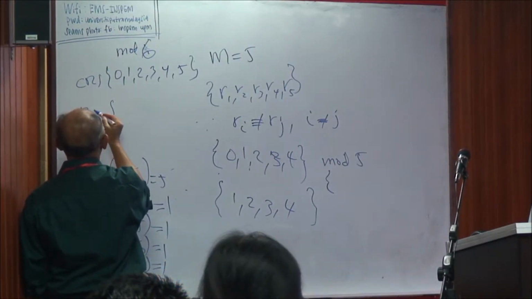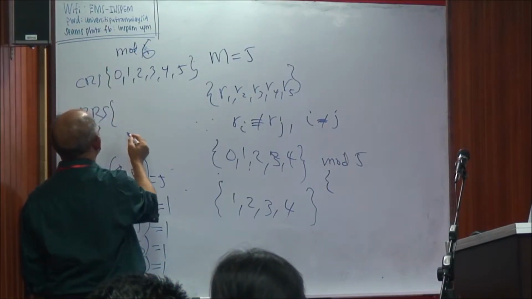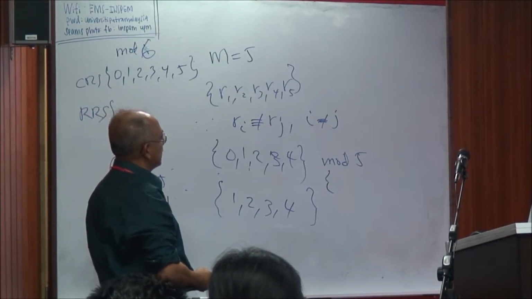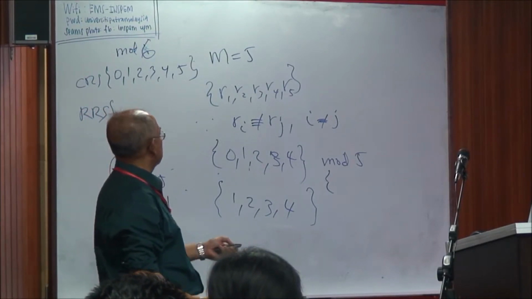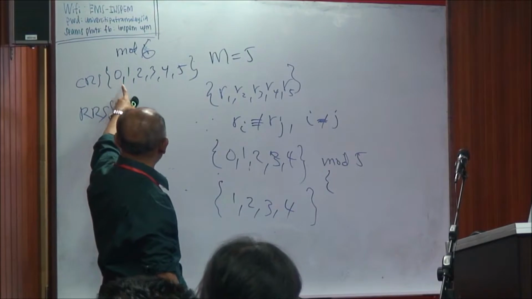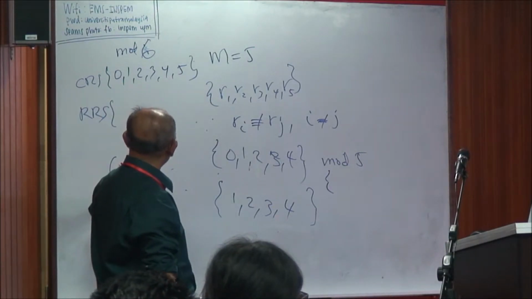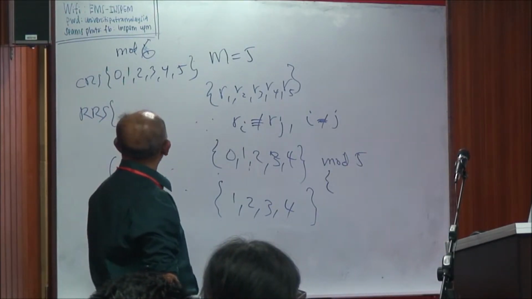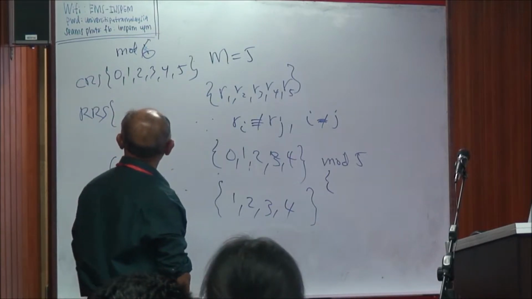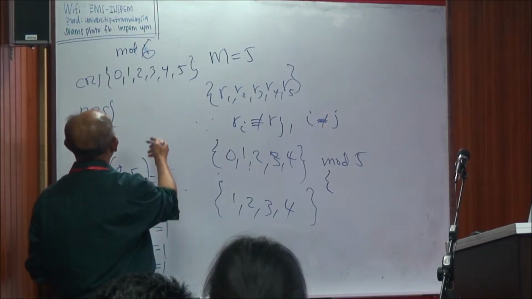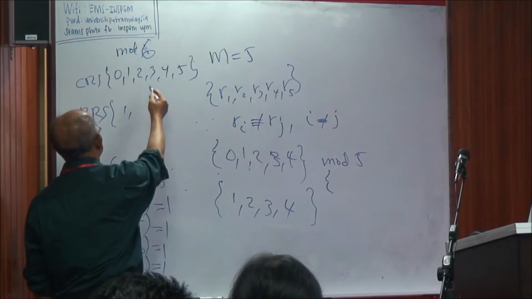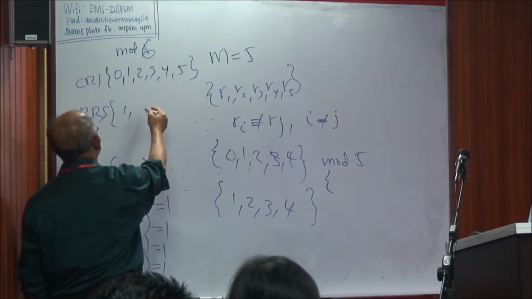So what is the reduced residue system? Satisfying these two conditions, 0 cannot be inside the set, similar to the previous one. What about 1? The GCD of 6 and 1 is 1, so 1 can be in the set. 2 also cannot be in the set. 3 also cannot be in the set.